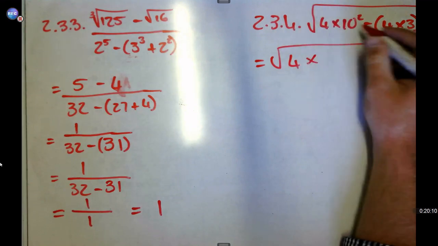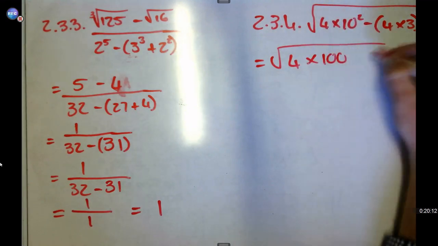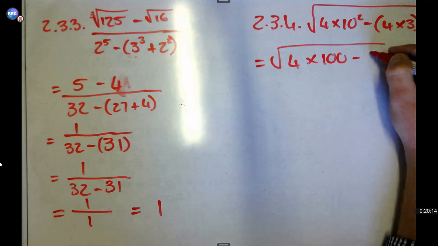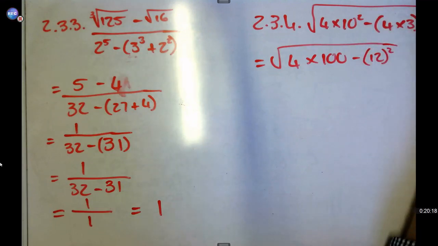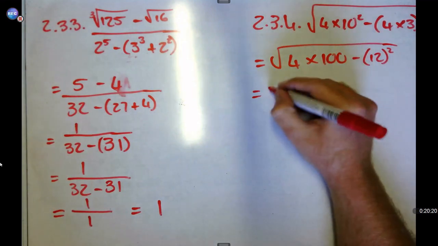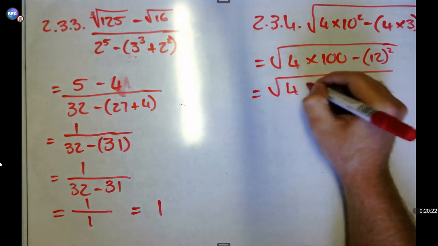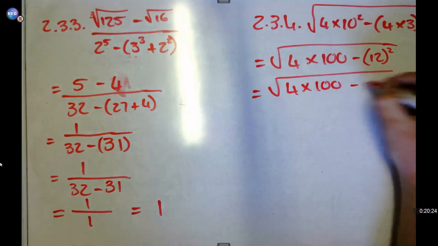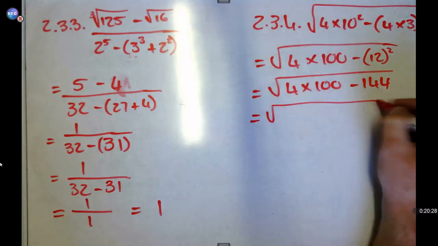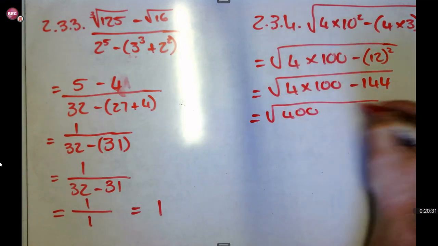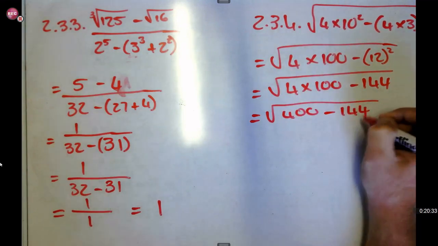So, 4 stays there. 10 times 10 is 100. Minus 4 times 3 is 12, with the square on the outside there. Solve the bracket first. So 4 times 100 minus 144. We will then say 4 times 100 is 400 minus the 144.